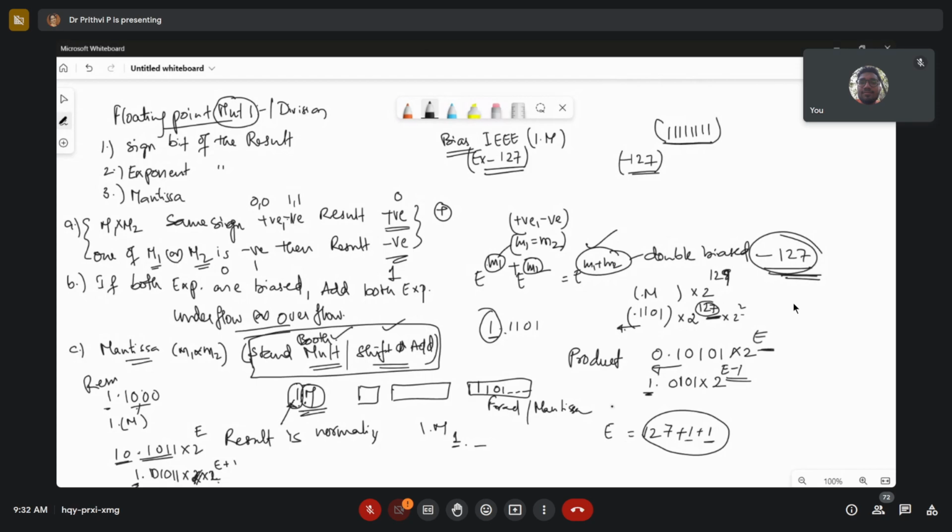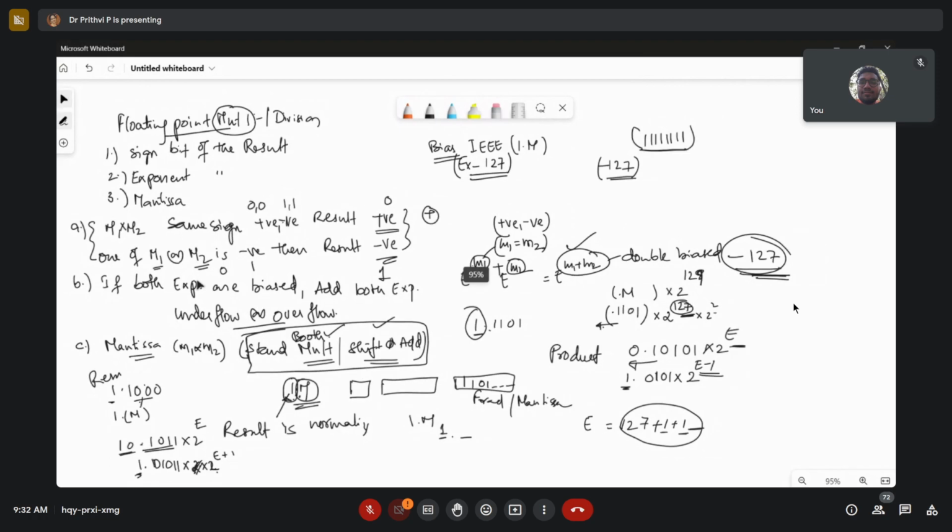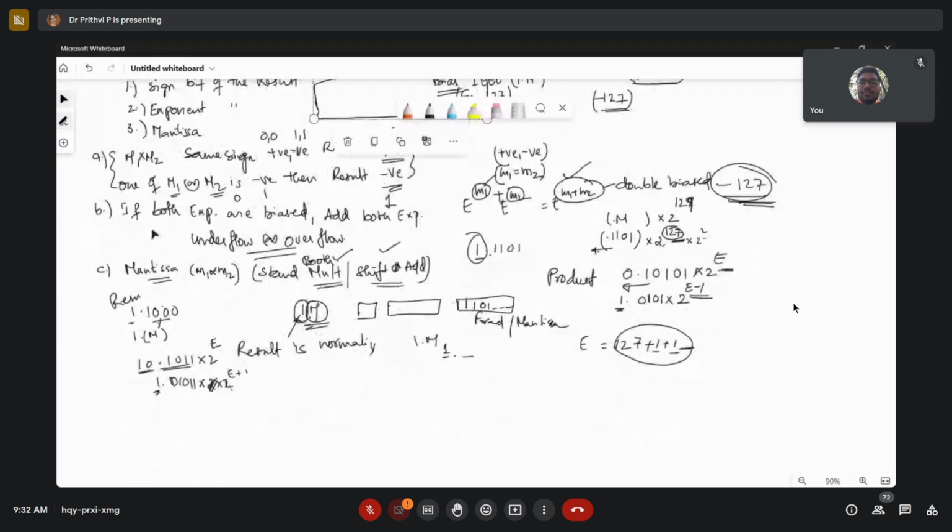The more you shift towards the left, the more the exponent value increases, resulting in overflow of the exponent. That has to be taken care of. Physically, we use an indicator saying an overflow or underflow happened. A flag can be raised.